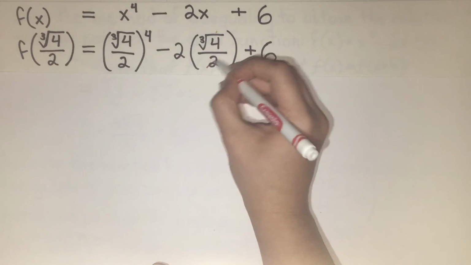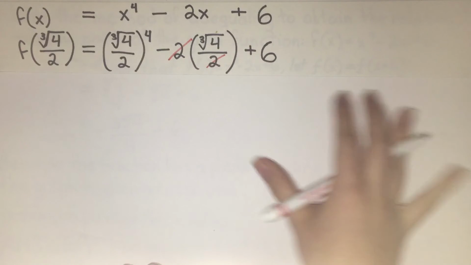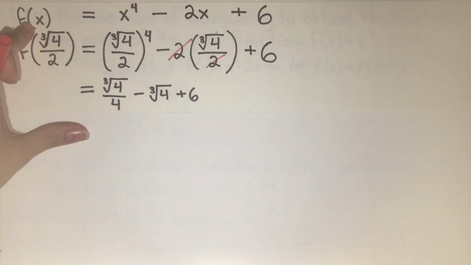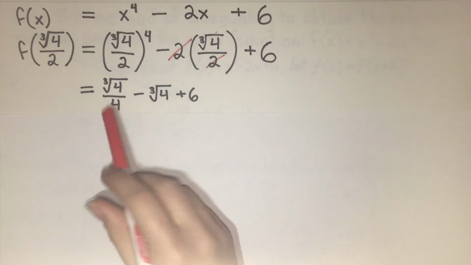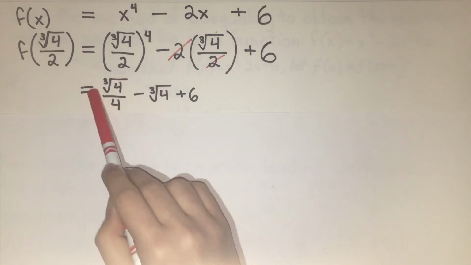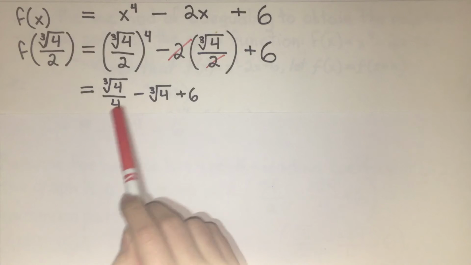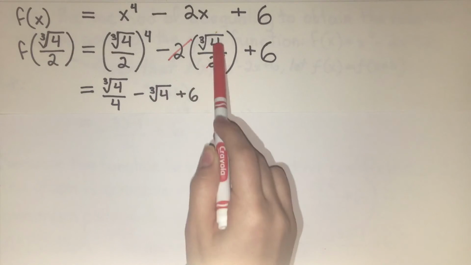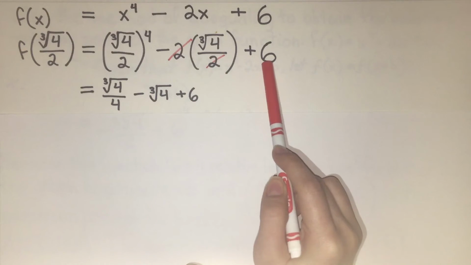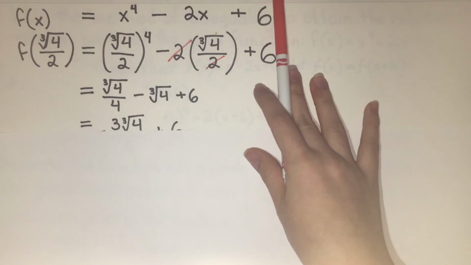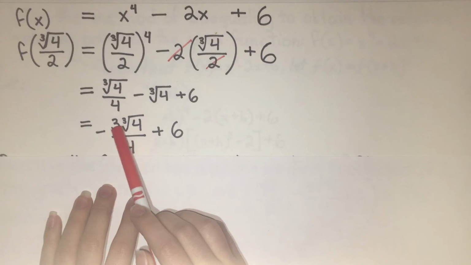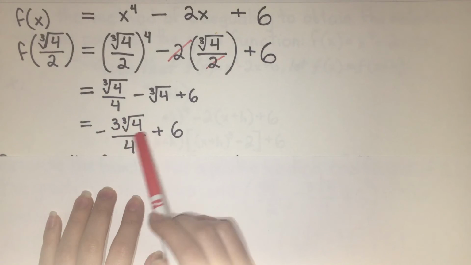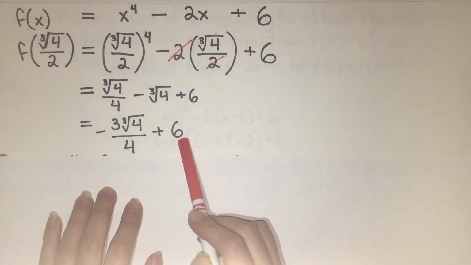Easy enough, we can tell that this cancels out, and when we raise that to the power of 4, we get the cubed root of 4 divided by 4 minus the cubed root of 4 plus 6, which if we simplify even further, gives us negative 3 times the cubed root of 4 divided by 4 plus 6.